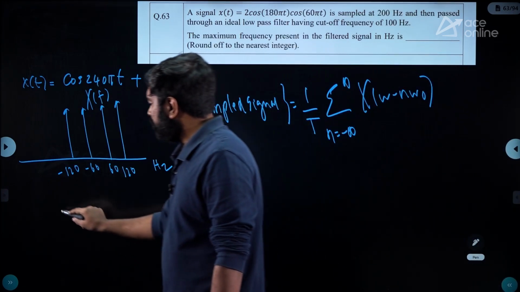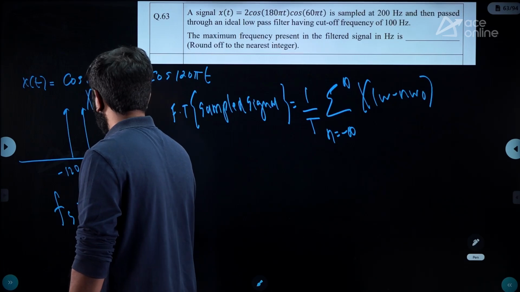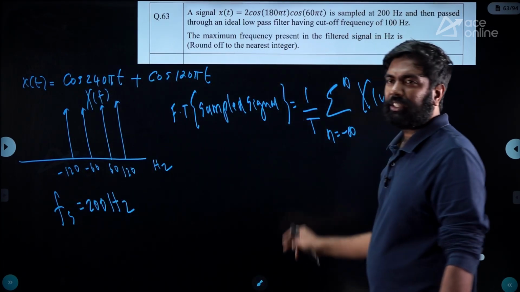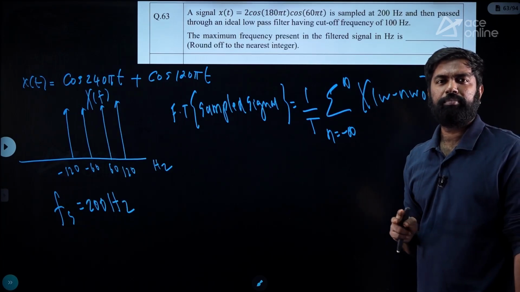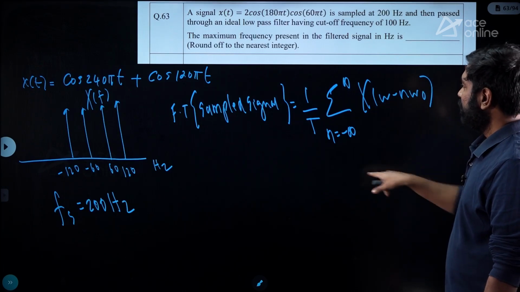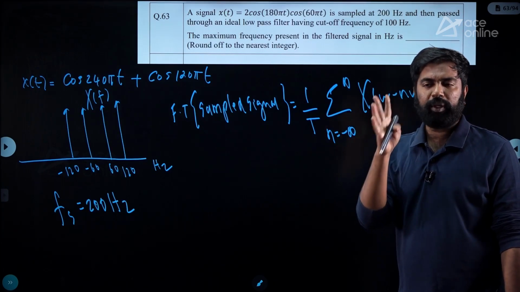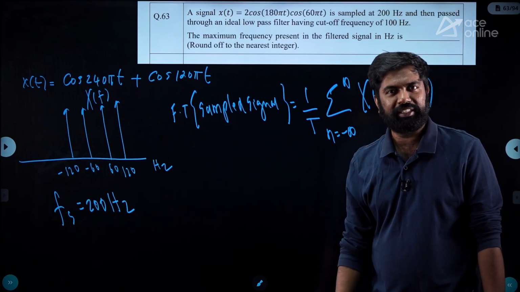They also gave the sampling frequency, students. What is the sampling frequency? It is 200 Hertz. If you can draw this expression, the problem is over. And while drawing that expression, I'll be drawing the spectrum of this. This whole spectrum is passed through a low pass filter whose cutoff frequency is 100. Anything beyond 100 you need not draw. That's the idea.